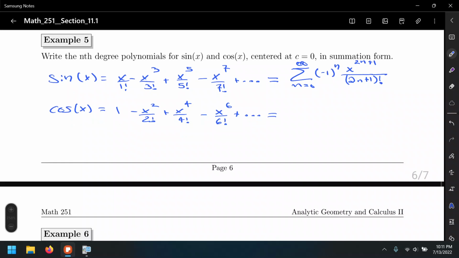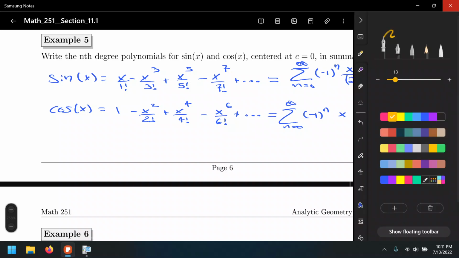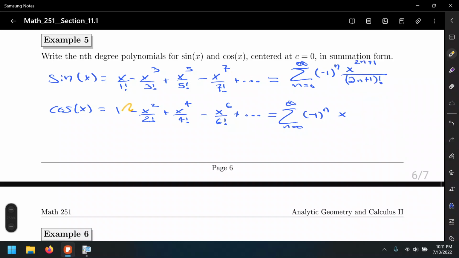Let's do the same for the cosine function. First of all, let's start with sigma, n equals 0 to infinity, negative 1 to the n, x to the, well, let's see if we can see a pattern. Technically, number one, right here, we have an invisible x to the 0, and in just the same way we have an invisible 1 factorial.